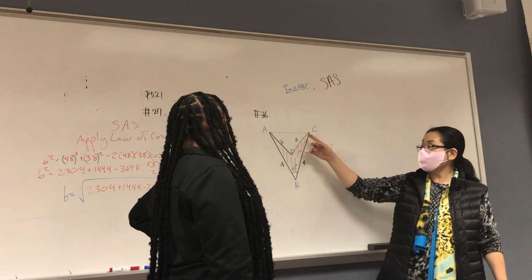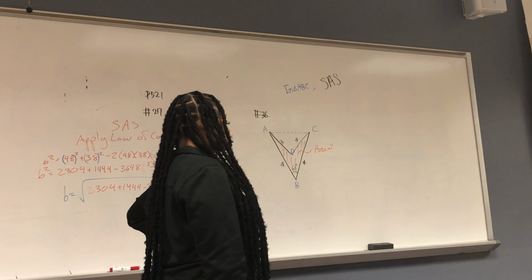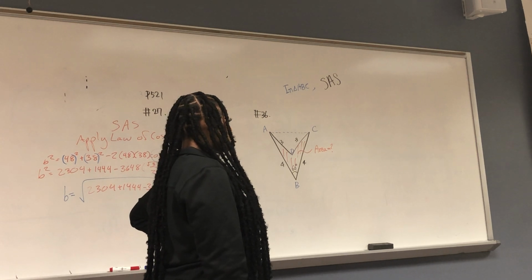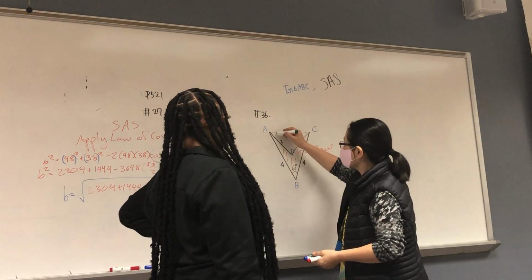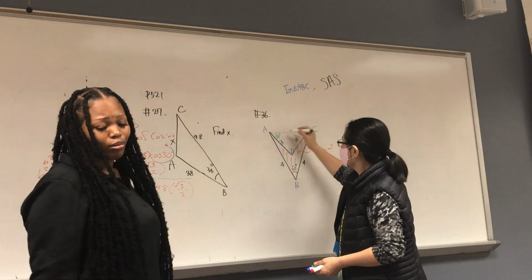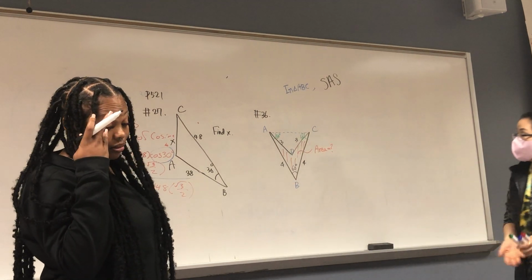So what is angle A, angle B, angle C? 180 needed to divide by 3, so it is 60. So they all are 60. That's right. This is 60 in this problem.